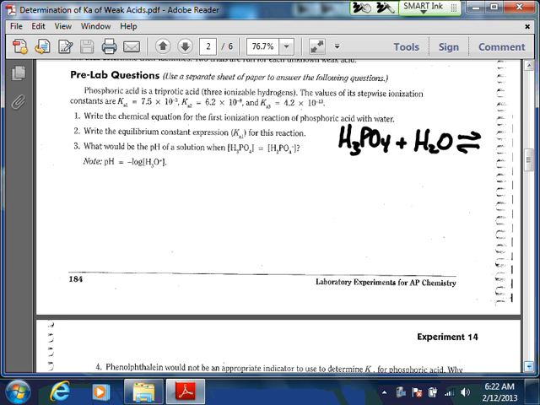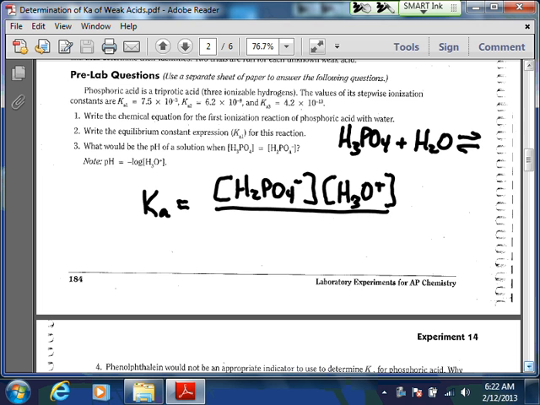And so the equilibrium constant expression here for this first reaction, I'm kind of giving this away. But that's okay, because I want to talk about number 3. So we're going to have H2PO4 minus times H plus, or I guess H3O plus, the way that we have it written here, divided by the H3PO4.